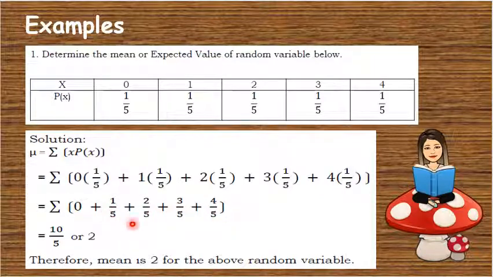Since these fractions are similar fractions, we will just copy the denominator and then add the numerator. So, 1 plus 2 plus 3 plus 4 is 10. So, the sum is 10 over 5 or 2. Therefore, mean is 2 for the above random variable.